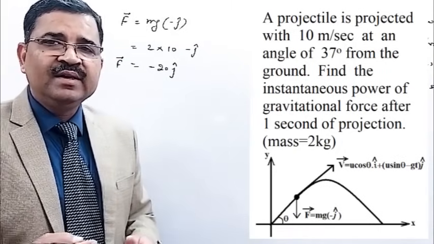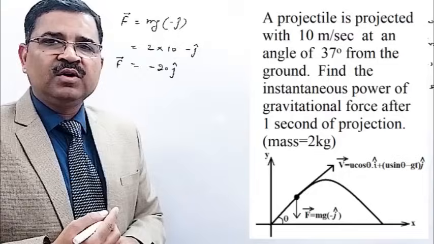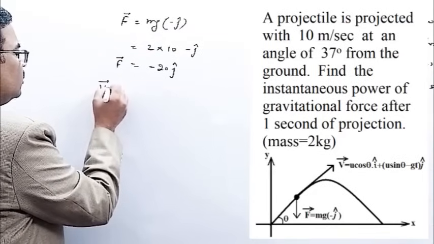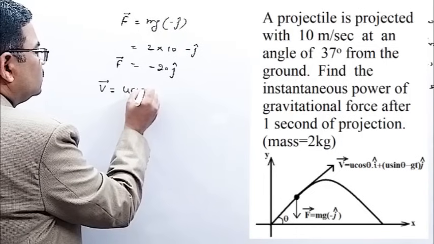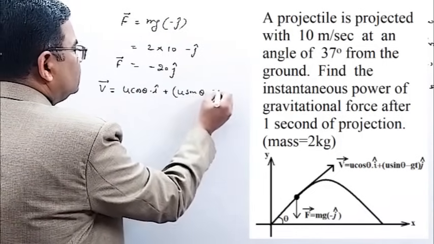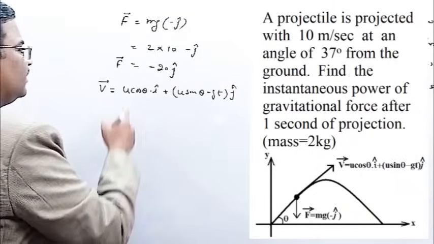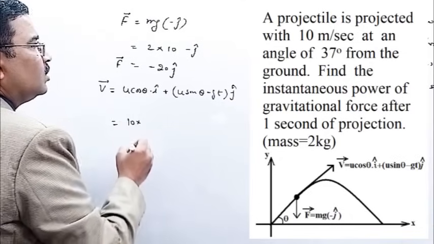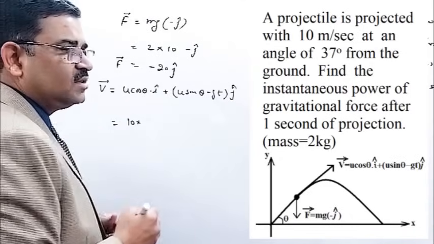Now secondly, I have to find the instantaneous velocity of the projectile, and we know the formula of that. The instantaneous velocity is u cos theta i plus (u sin theta minus g t) j. Now if I substitute the values, I get 10 cos 37, because the angle is given as 37 degrees.